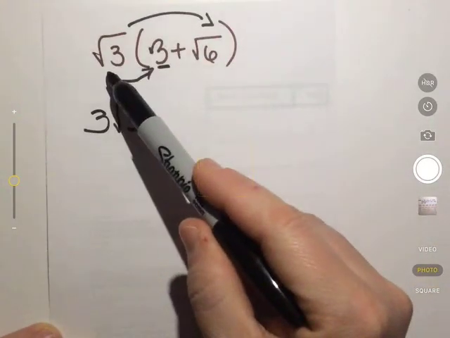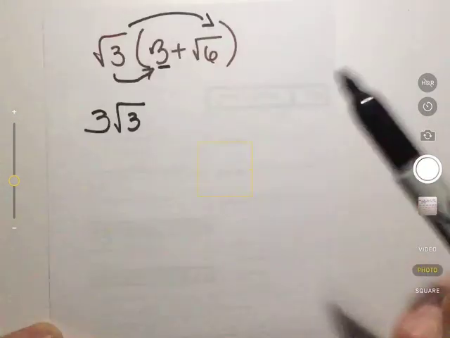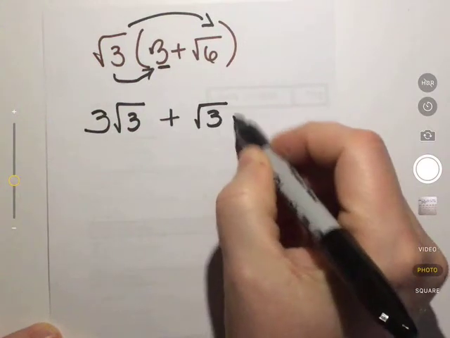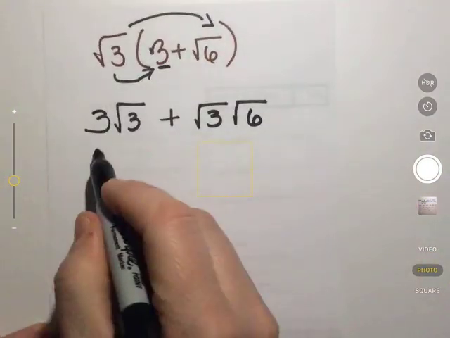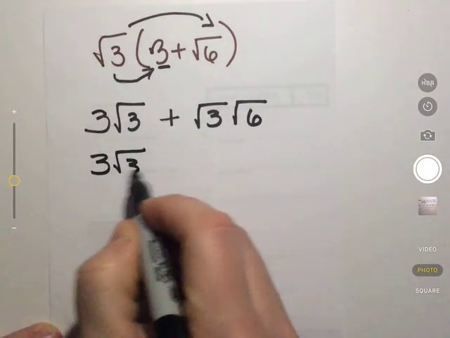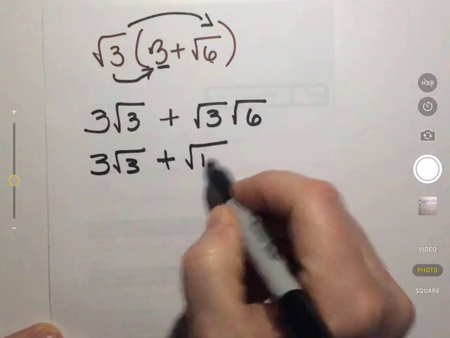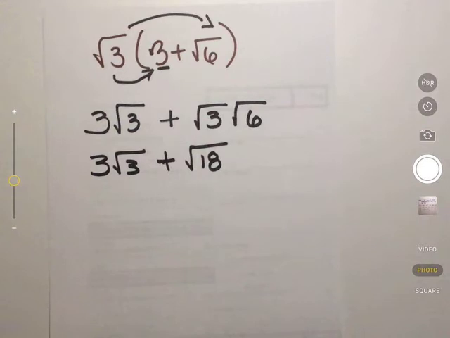Now, the square root of 3 times the square root of 6. Although this first part cannot be simplified right now, this can. They can be combined together because both those are inside the radicals. So now let's simplify before we add and subtract.